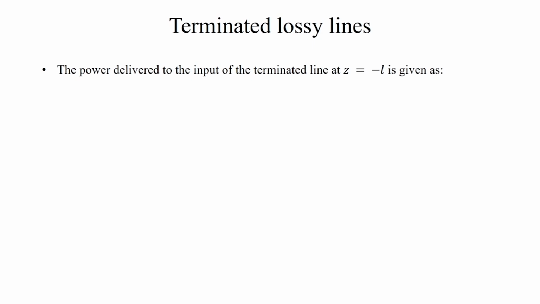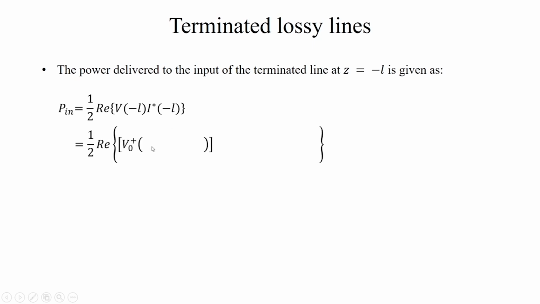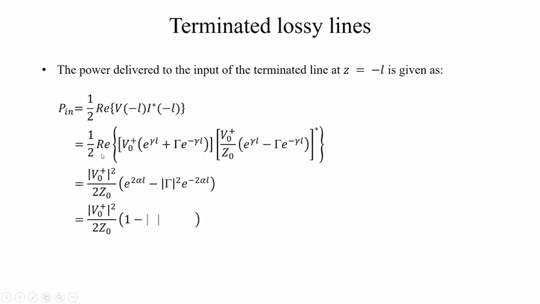The power that is delivered to the input of the terminated line at the position Z is equal to minus L can be written as P in equal to half real part of V at Z is equal to minus L into the complex conjugate of the current at Z is equal to minus L. When we substitute once again the expression for the voltage and the current, we can get and only retain the real part.